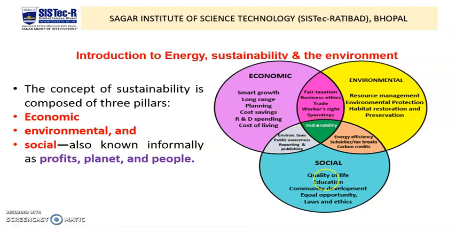Economic and social sustainability intersection shows environmental laws, public awareness, reporting and publishing. Environmental and social sustainability intersects shows energy efficiency, subsidies, tax breaks, and carbon credits.